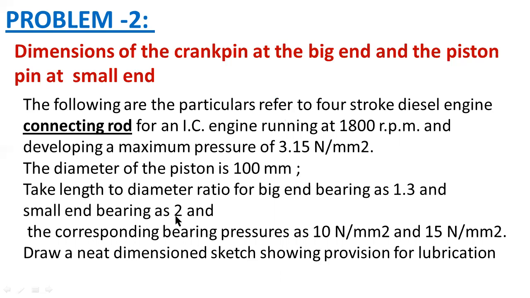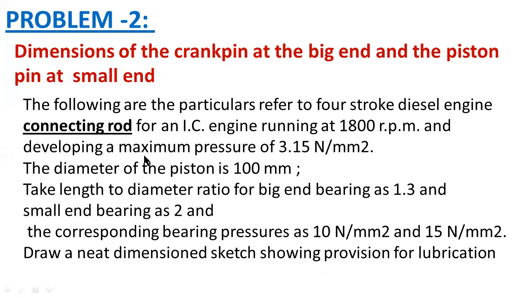Take length to diameter ratio for big end bearing as 1.3 and small end bearing as 2. The corresponding bearing pressures as 10 and 15. Draw a neat dimension sketch showing provision for lubrication. Okay, this is the problem. So by using these details, you have to find out the suitable diameter of the piston pin and crank pin.